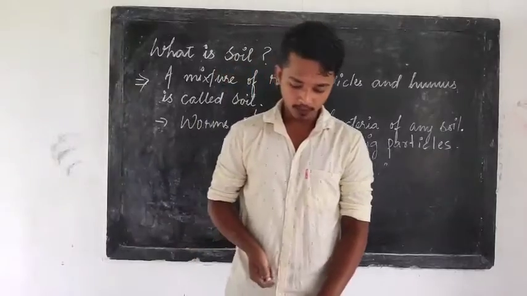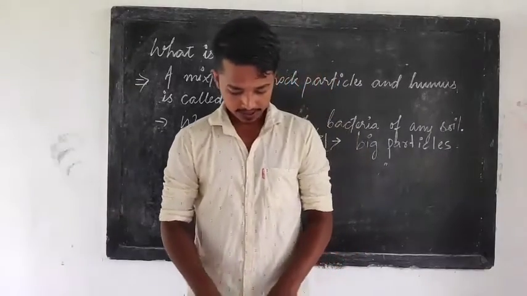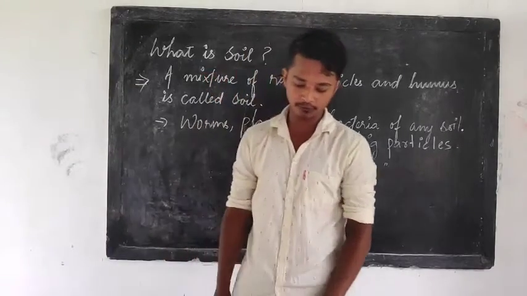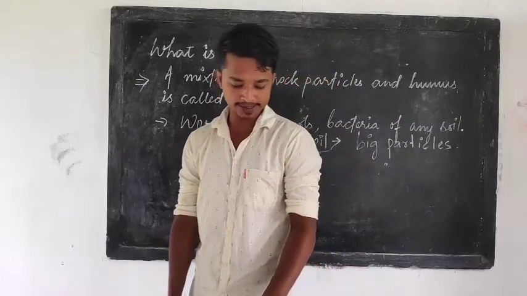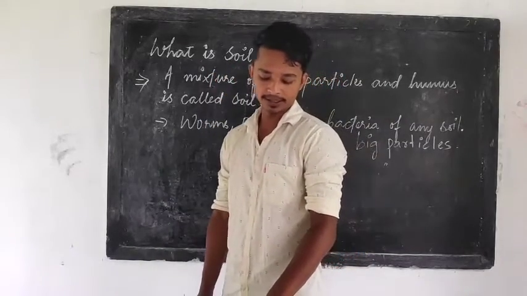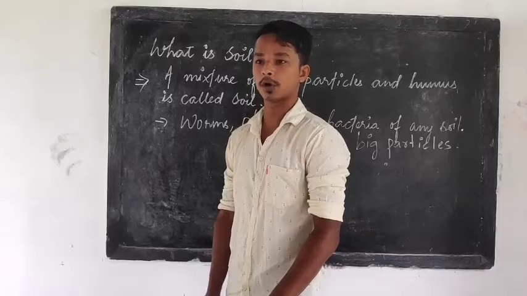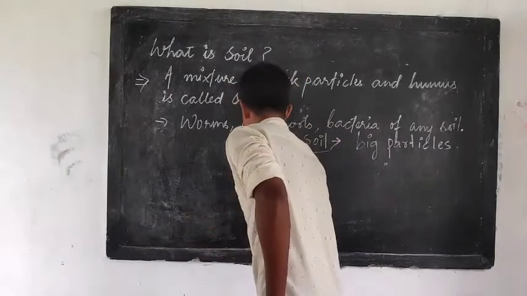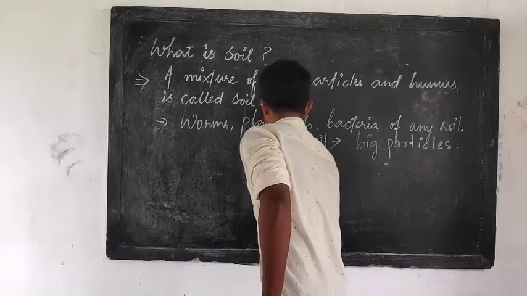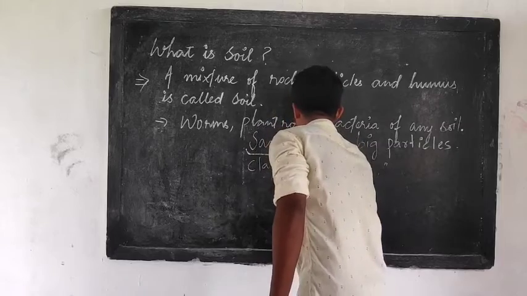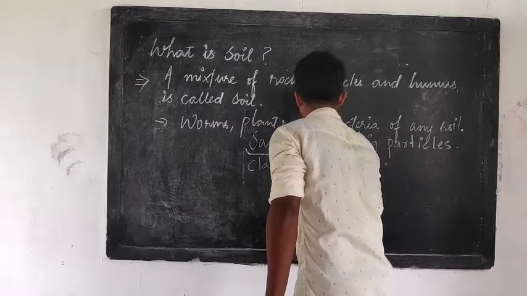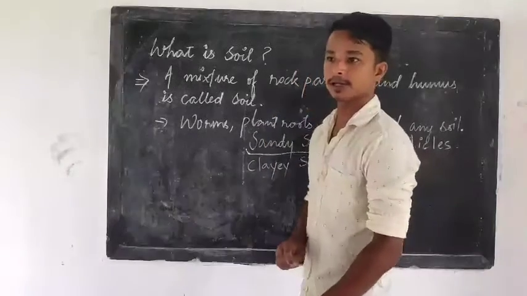And if the proportion of fine particles is relatively higher, then it is clay soil. Now what is called clay soil? What is present in the clay soil?